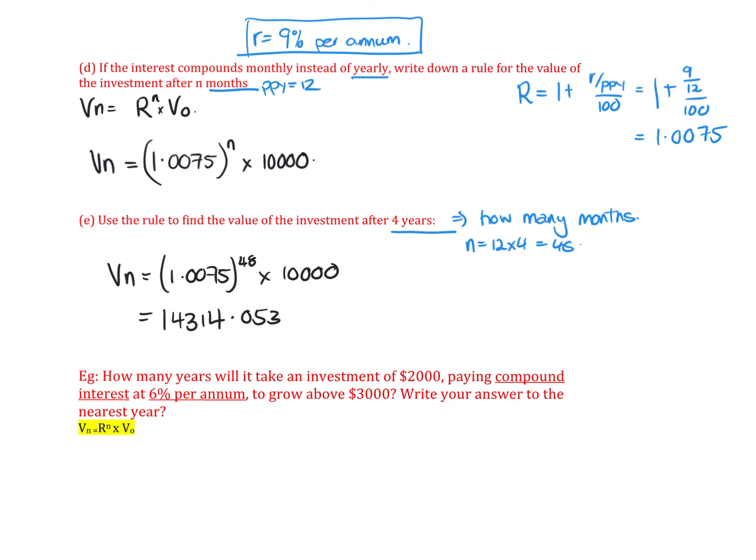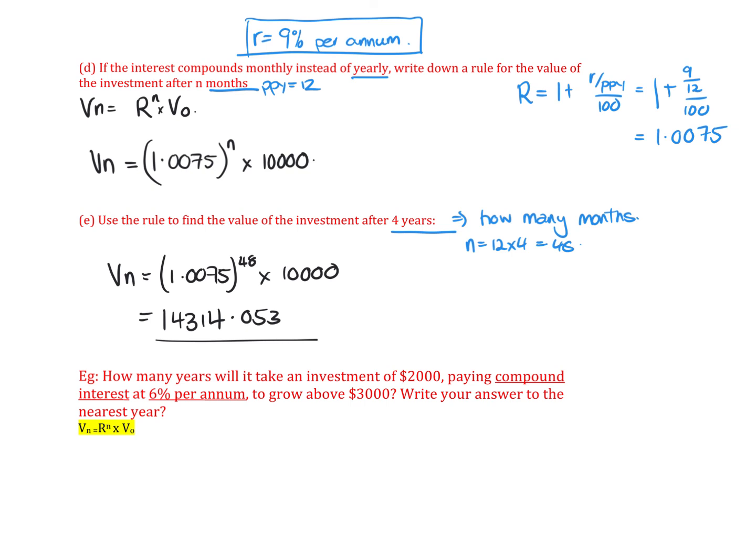So if you compound it monthly instead of yearly, which one gave you more money? Even though it was still 4 years, monthly did. So the more often you compound it, the better it is for you.